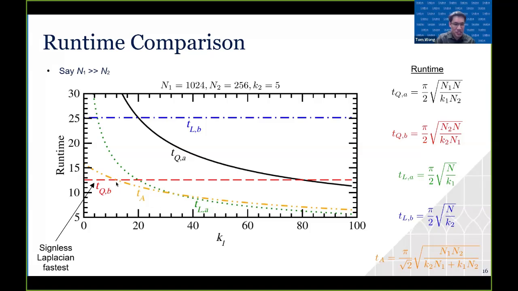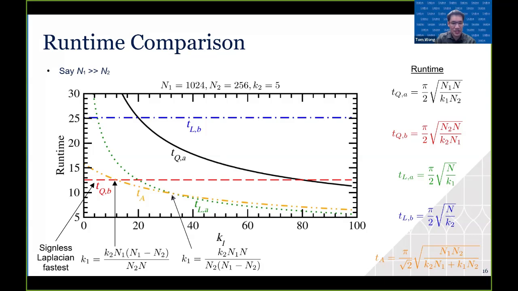And then when K1 reaches this point, we have a transition where now the adjacency quantum walk is the fastest. Doing a little bit of math, that transition occurs when K1 is equal to K2 times N1 times the difference of N1 and N2, divided by N2 times the total number of vertices. So in this intermediate range of K1, the adjacency quantum walk is the fastest.